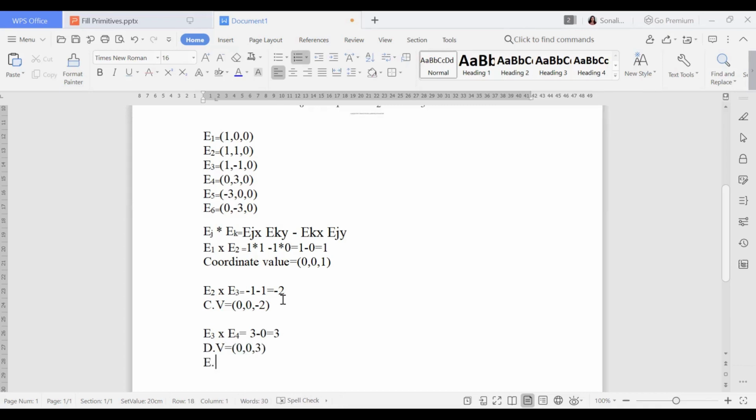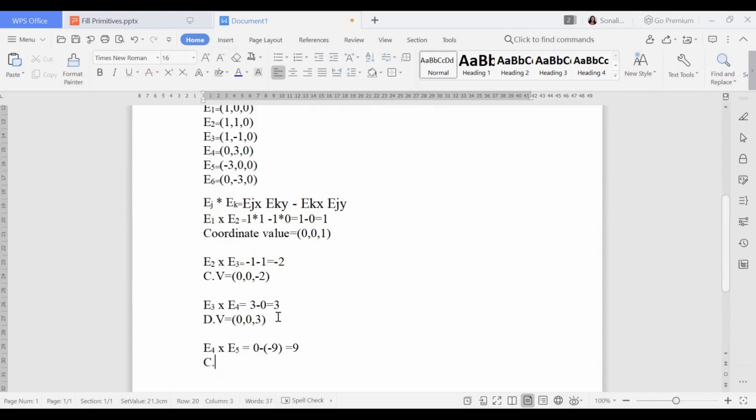Okay, so now let's do E4 into E5. Equal sign. E4 and E5, what is the value now? We'll see and do the cross multiplication. It's very easy to remember these values. E4 into E5 is 0 into 0 is 0, minus 3 into minus 3, which is minus 9. Let me keep it in the bracket, minus of minus 9, minus into minus is plus, so the value will be 9.